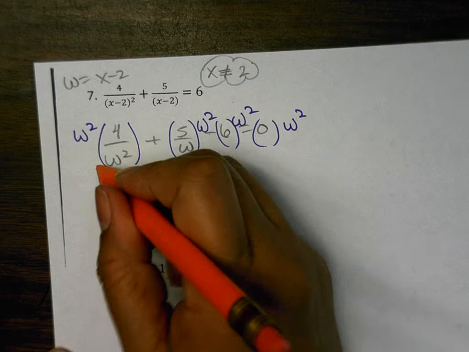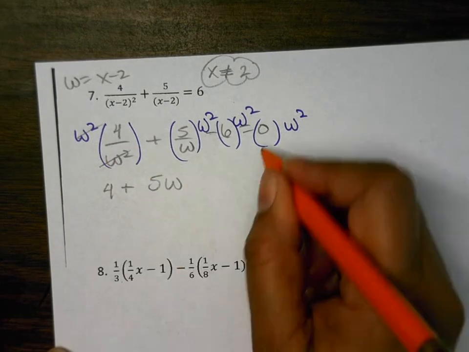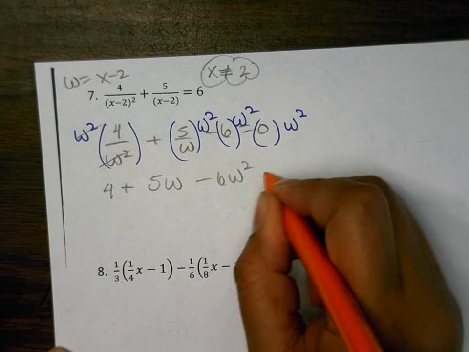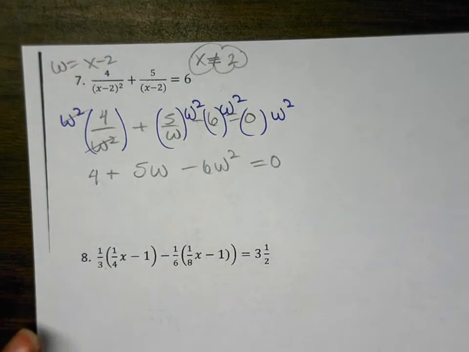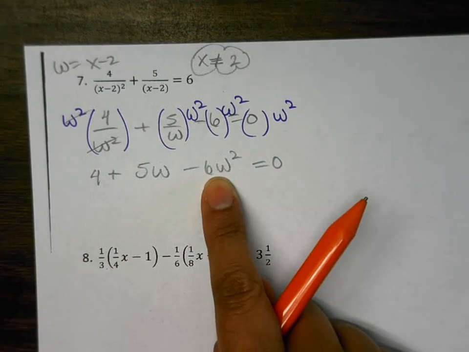All right, 4 plus 5W minus 6W squared equals 0. In the right order, what should come first? This one? I could factor backwards, but I'd rather not.